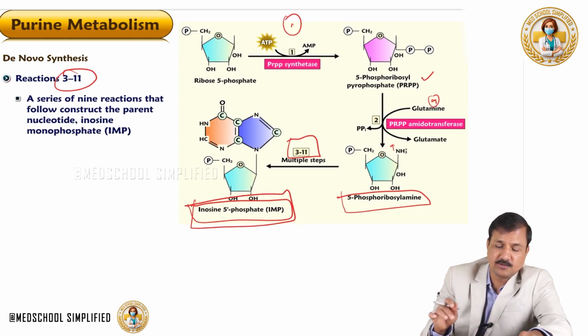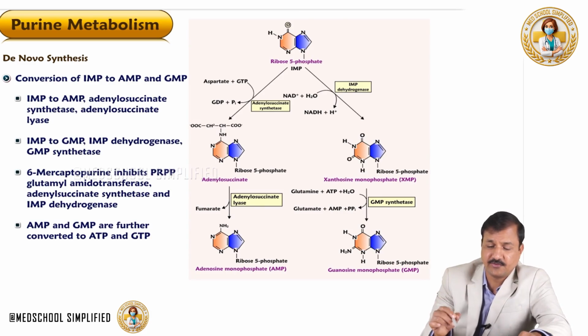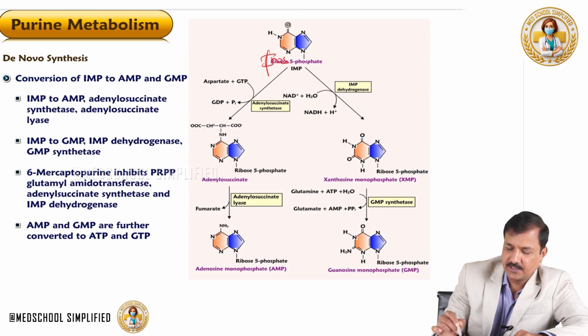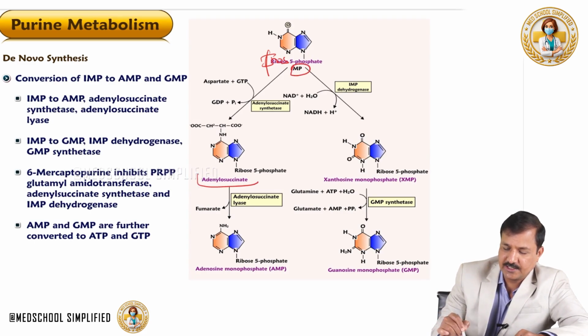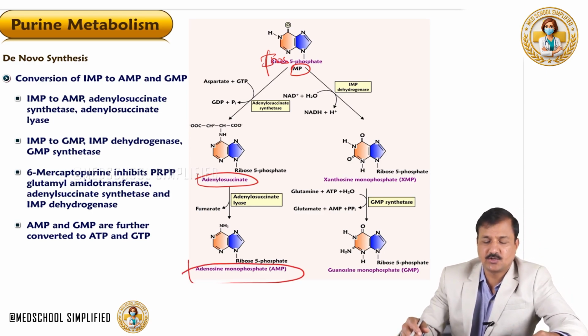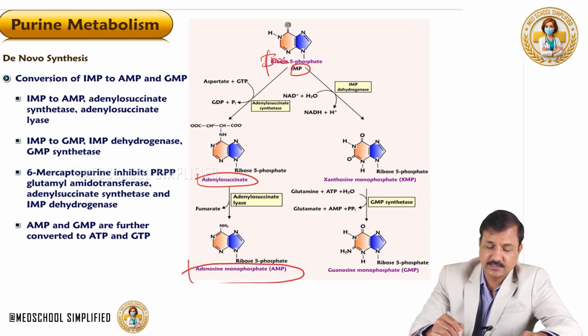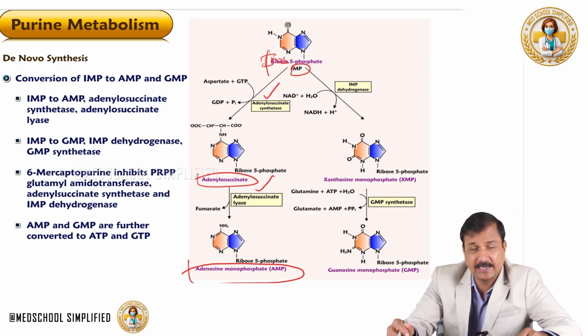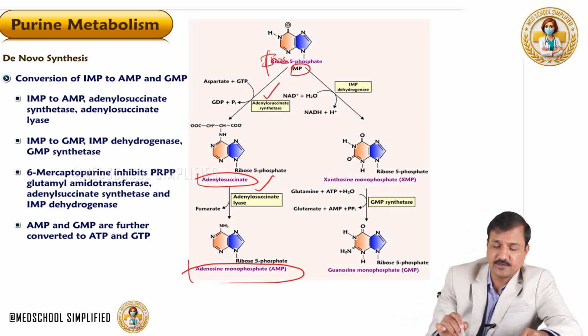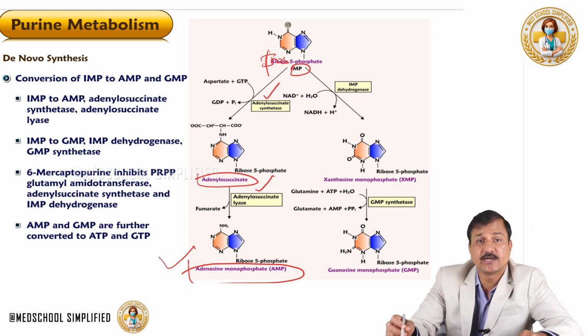Once we get inosine monophosphate, as we have seen in the previous figure, it will go towards adenylosuccinate, and adenylosuccinate goes towards adenosine monophosphate. There are 2 enzymes involved here: one is adenylosuccinate synthetase, and the other is adenylosuccinate lyase. With the help of these enzymes, inosine monophosphate is ultimately taken towards AMP formation.